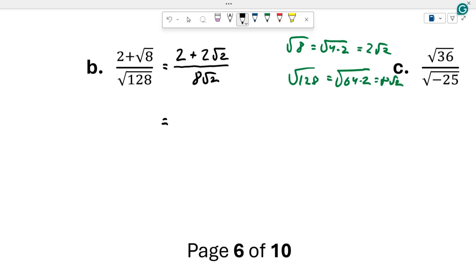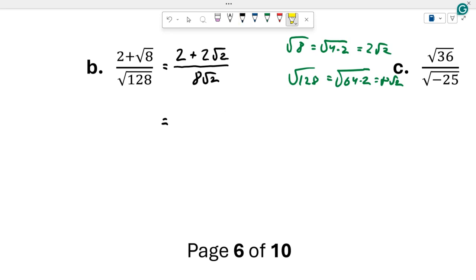So when I look at where we're at with this problem right now, I'm noticing that the numerator is a binomial, right? It's 2 plus 2 root 2, so there's 2 terms. The denominator is a monomial, 8 root 2, and all 3 of them have a common factor of 2, okay?